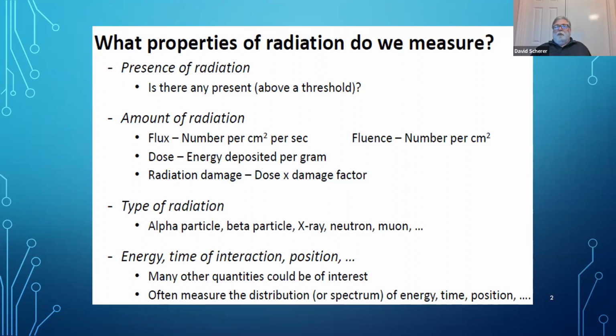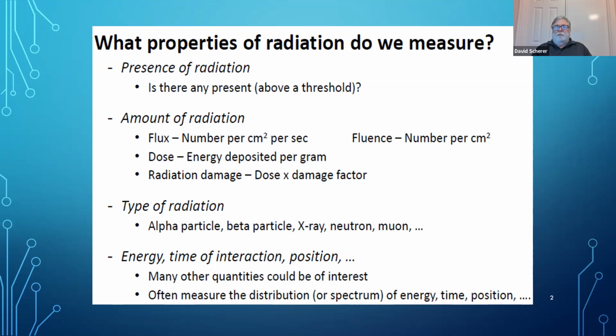And sometimes it's more quantitative. Some of the quantities we measure when we do quantitative measurements are the flux, the number of particles per square centimeter per second, or the fluence, just the number of particles per square centimeter. We covered those quantities, those concepts, when we talked about external dosimetry.